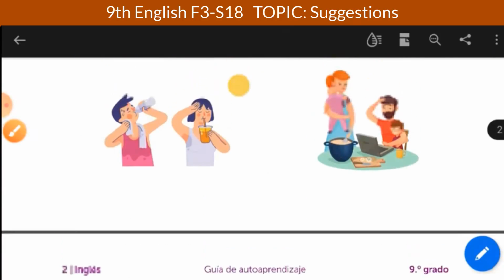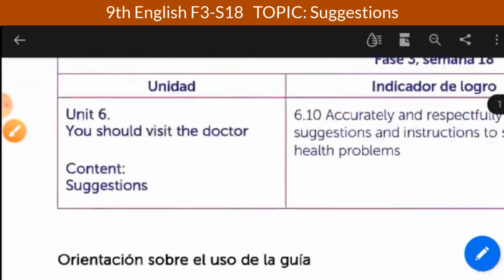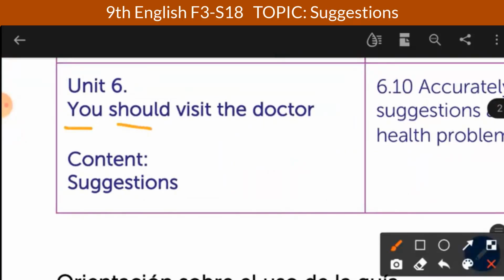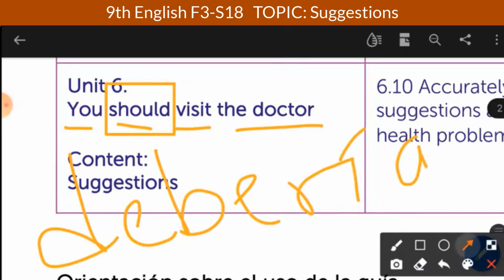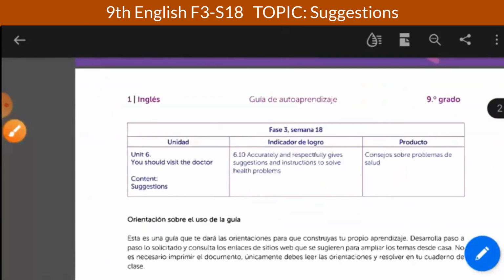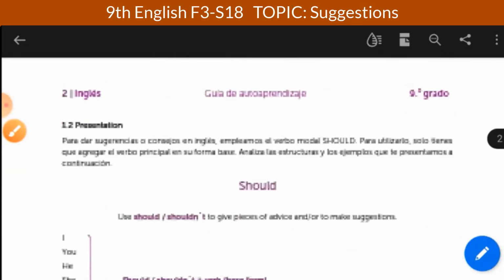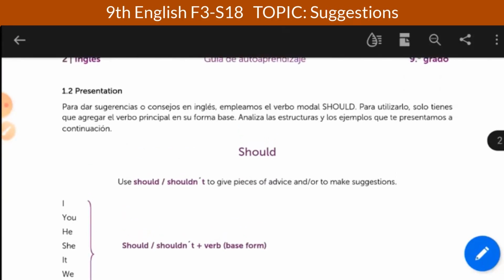As in, for example, en la unidad lo vimos, yes, as in, for example, you should visit the doctor. Should, okay? This verb is to offer suggestions or to give advice, yes? Should in Spanish, yes, should. So you should visit the doctor, for example. That's a piece of advice, okay?